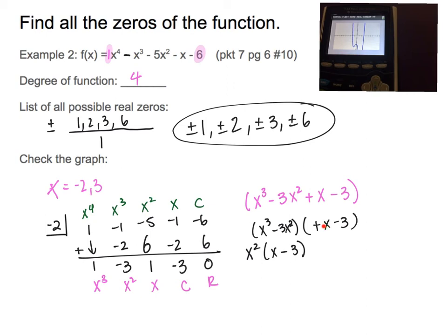I can't take anything out from this x because this doesn't have an x, and I can't take numbers out because 1 and -3 don't have anything in common. So I'm just going to write this as plus x minus 3. And remember, there's always a 1 in front of this parentheses here. So these two factors are the same, so I can pull out x minus 3. But I left behind x squared and 1.